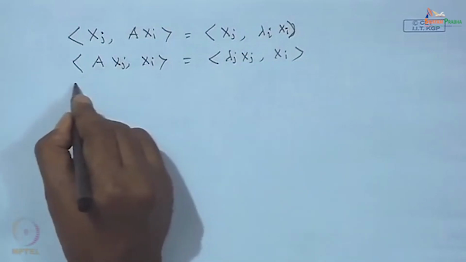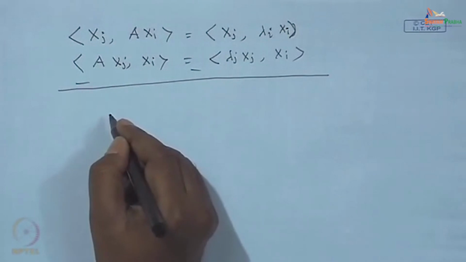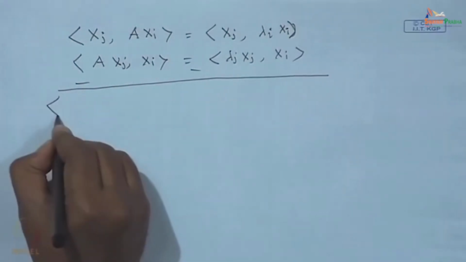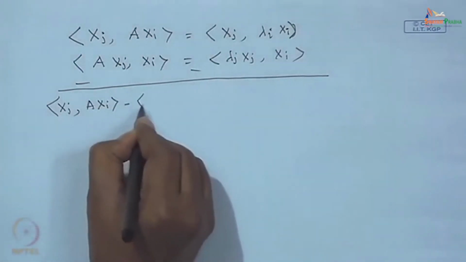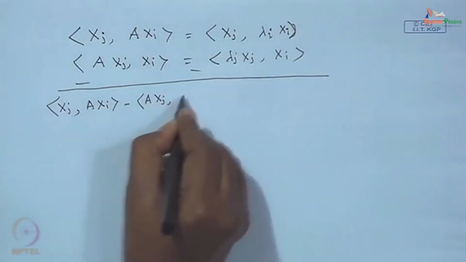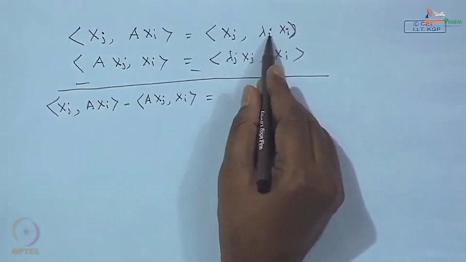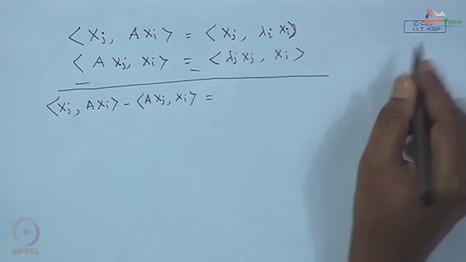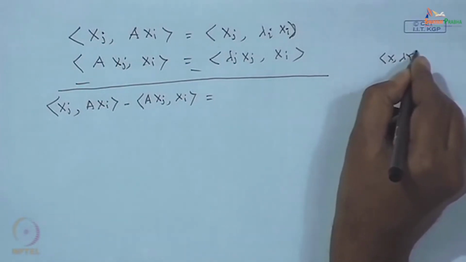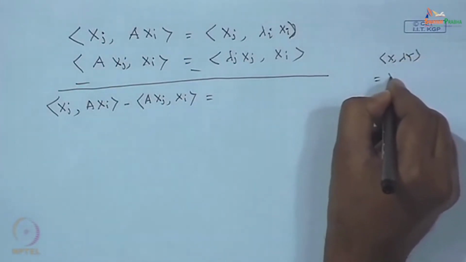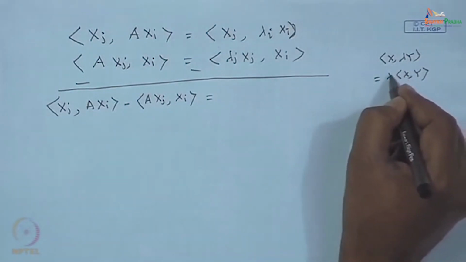Now, we subtract these two equations. If we subtract these two equations, what we get is the inner product of x j and A x I minus the inner product of A x j comma x I is equal to, we invoke the property of the inner product that the inner product of x and lambda y is lambda times the inner product of x and y, if lambda is a scalar.